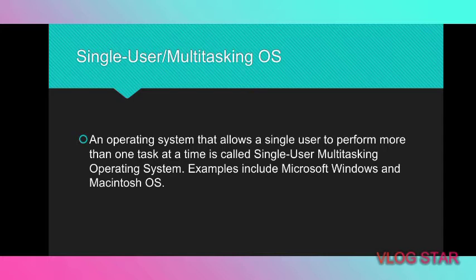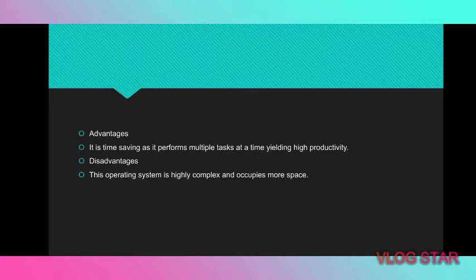Examples include Microsoft Windows and Macintosh operating systems. Advantages: it is time saving as it performs multiple tasks at a time, resulting in high productivity. The disadvantage is this operating system is highly complex and occupies more space.